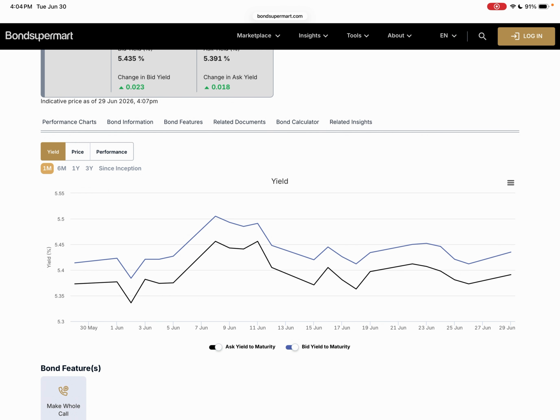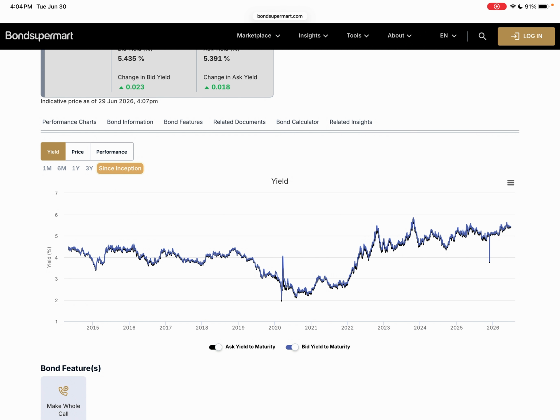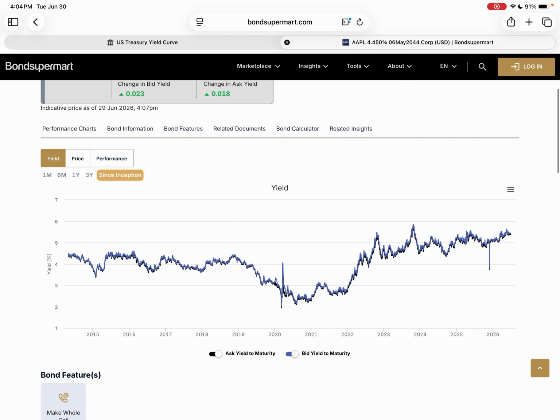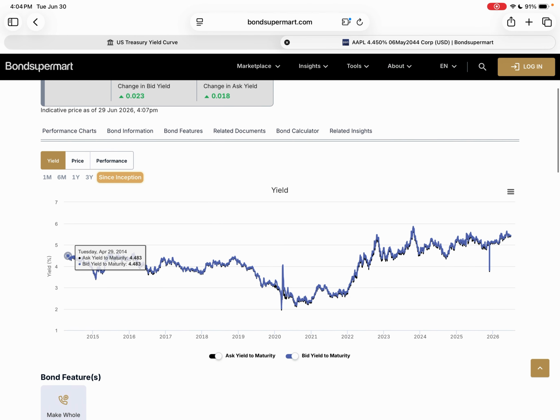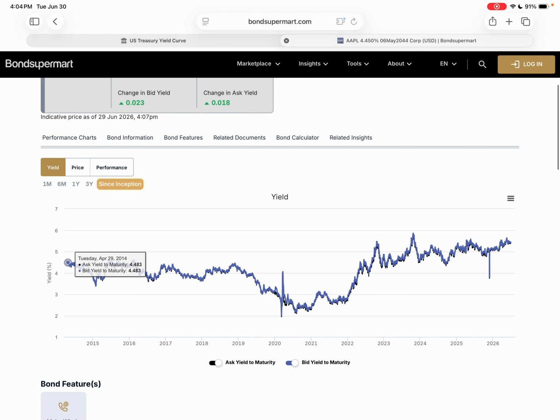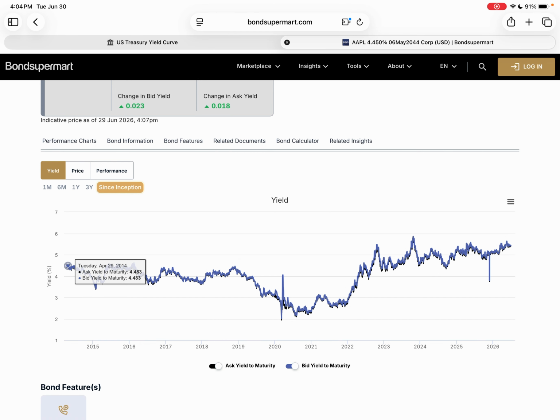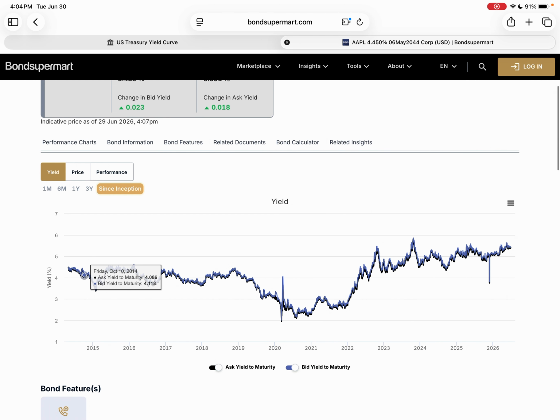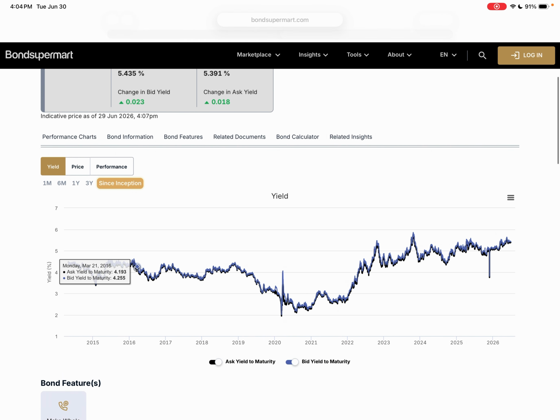Since inception, the yield to maturity was first near the coupon rate, right? 4.45 was the coupon rate, and the yield to maturity at its inception was 4.48. So the bond was trading or issued near par, right? But the yield to maturity fluctuated throughout the life of the bond, as you can see.